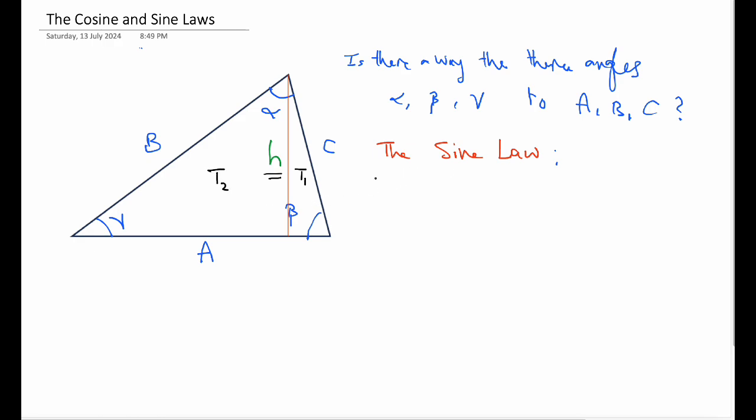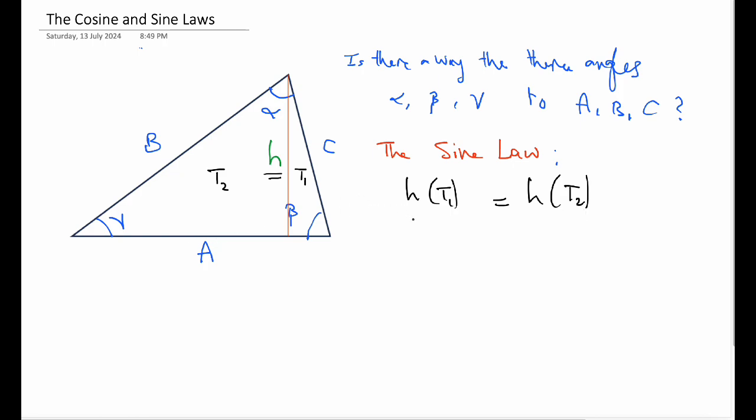So how can we find the sine law? Since this h, the height of the triangle T1, is equal to the height of the triangle T2, because they have the same height and they're connected together.